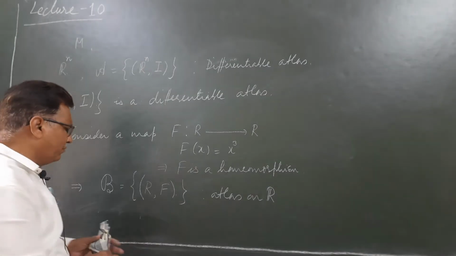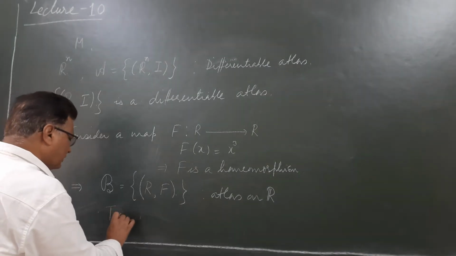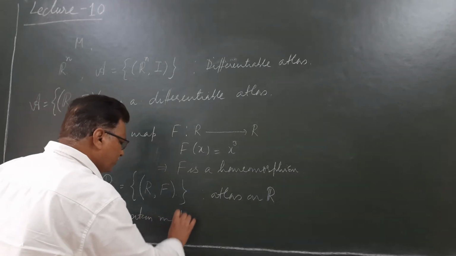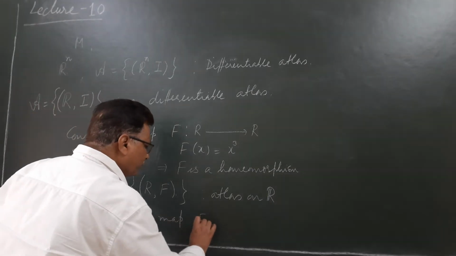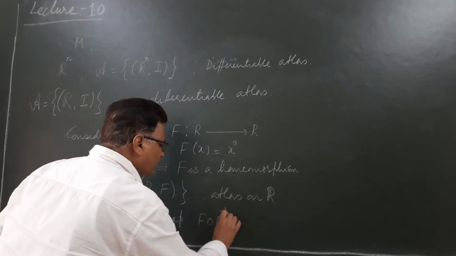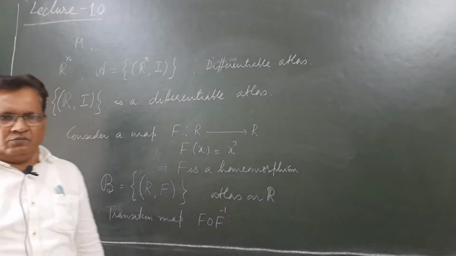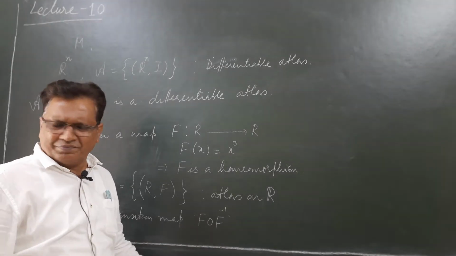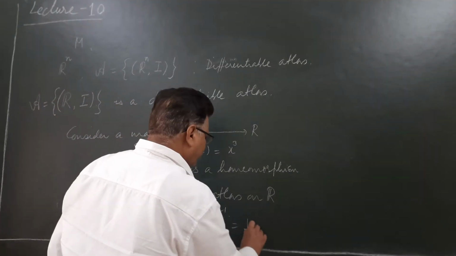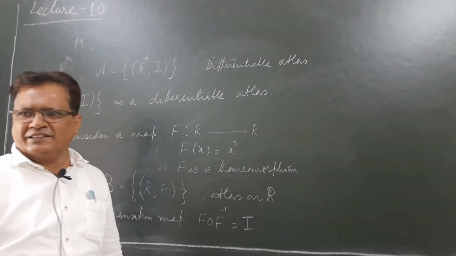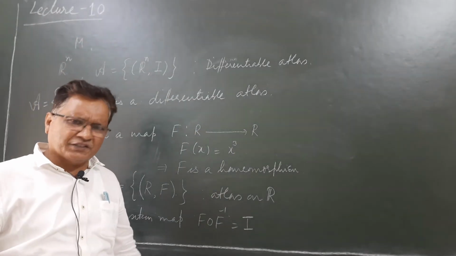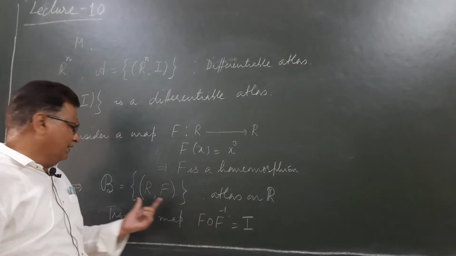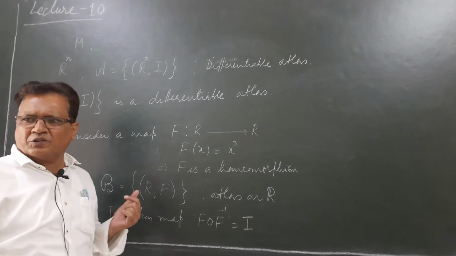So, the transition map over here is F composition F inverse, and this is the identity map. Identity map is always differentiable. It is a diffeomorphism. So, once again I reach the conclusion that the second atlas B is also a differentiable atlas.